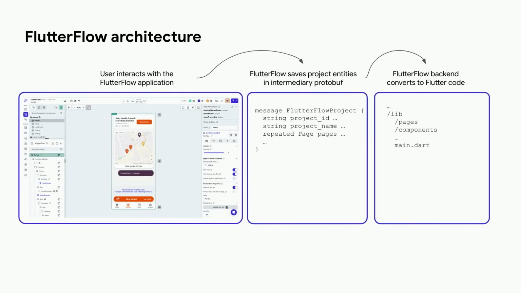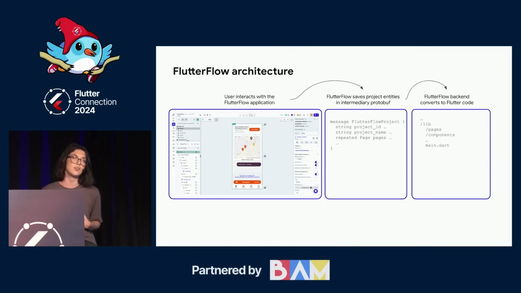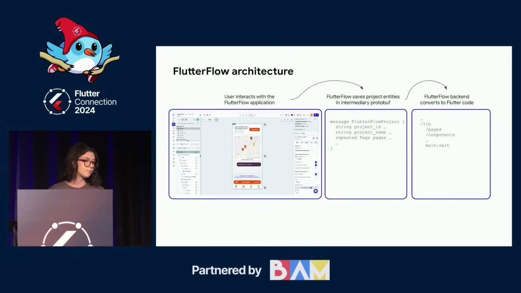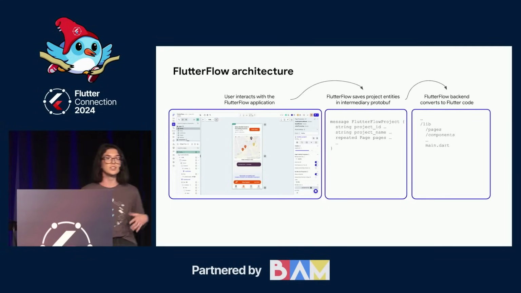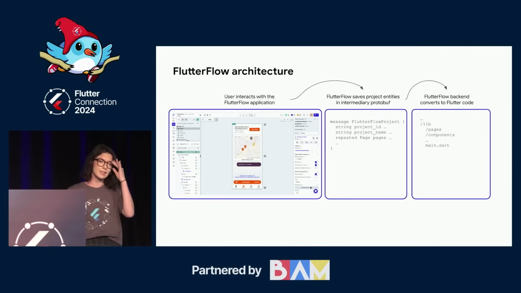So when you're working in the FlutterFlow platform, you're working in this user interface over here on the left-hand side, where you're composing your pages, your widgets, and styling them to your needs. And as you're clicking around in this user interface, FlutterFlow is tracking all of this in an intermediary format of your project or your app. And that is what's used to actually generate the Flutter code that you have access to.